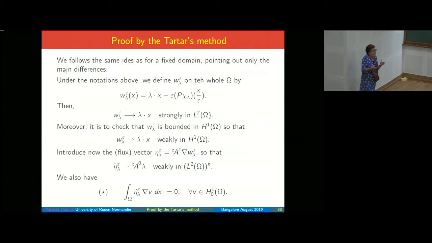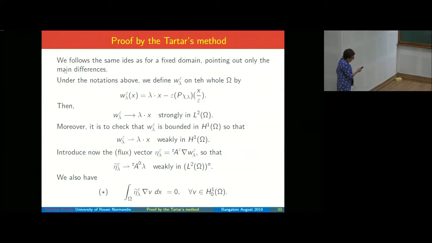We can extend the function because we have the extension operator, but for the gradient we can only extend by 0 as an L2 function, not by the extension operator. So we just have to pay attention when we extend. We have to extend because we need the convergences.